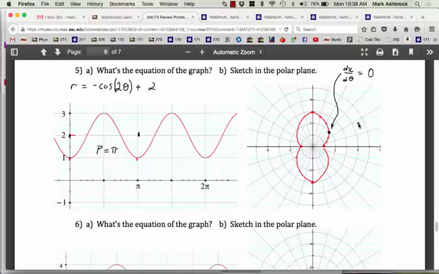So how are we going to get dx d theta? Where's dx d theta going to come from? What is x in terms of theta? X equals r cosine theta. And what is r? The expression right there. Exactly.